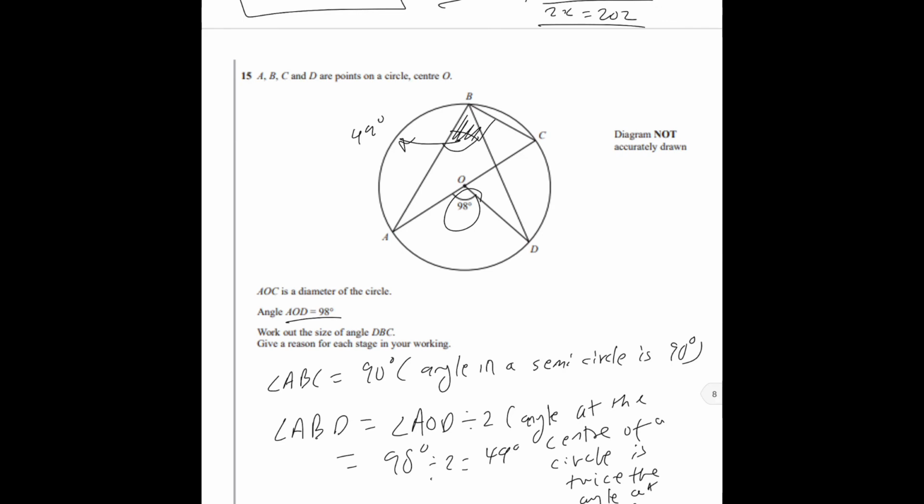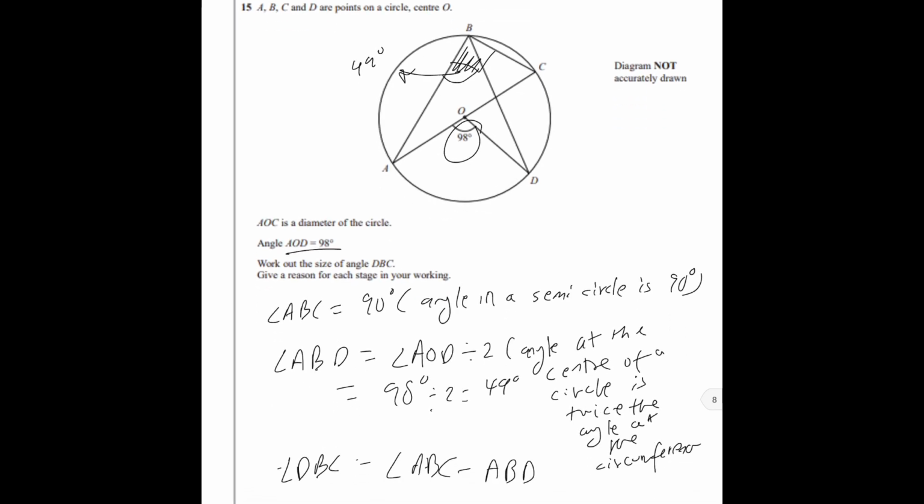Now since the whole angle of ABC is 90 degrees, in order to find out what your angle DBC is, you just need to do angle DBC is equal to the whole angle ABC minus angle ABD, that is 49 degrees.